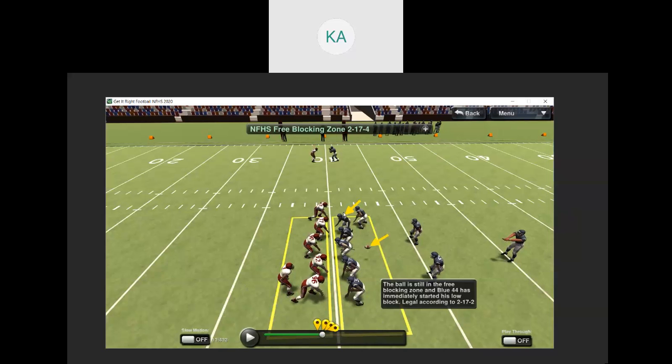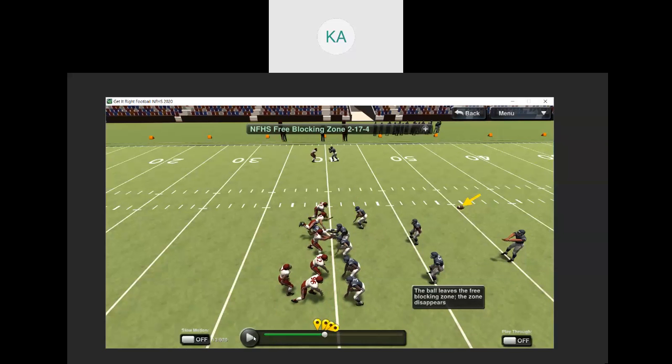One of the things we watch for is if their initial move is going low, we let that occur because that ball is going to leave that free blocking zone pretty quickly. So if their initial move is going down low right there, we'll rule that a legal block below the waist.